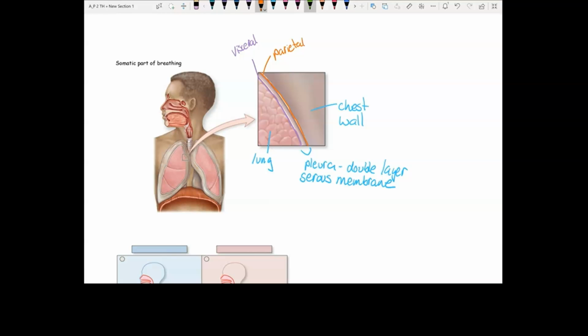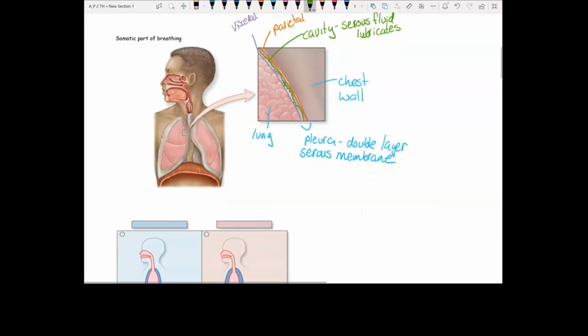And there is a space in between, and that space in between the layers is the cavity. And the cavity has serous fluid. So it lubricates as you breathe. Okay, so that's lining your lungs.